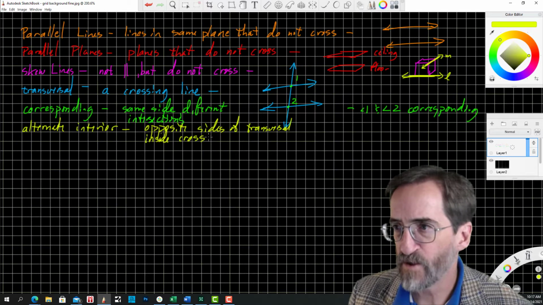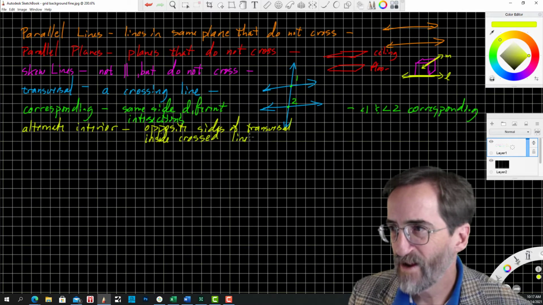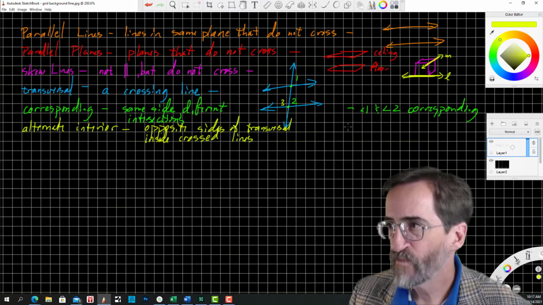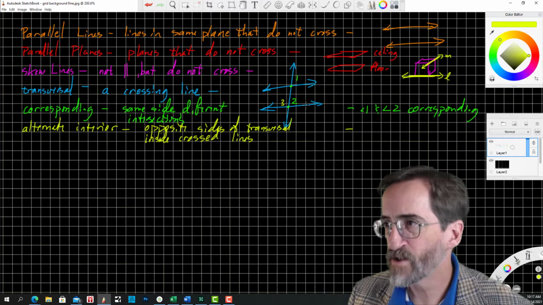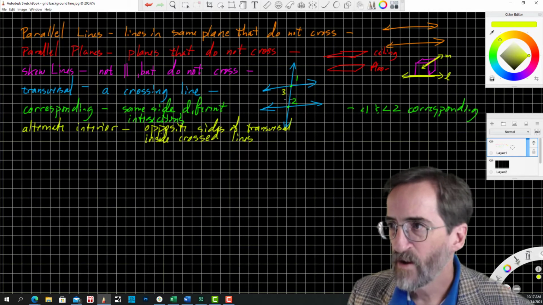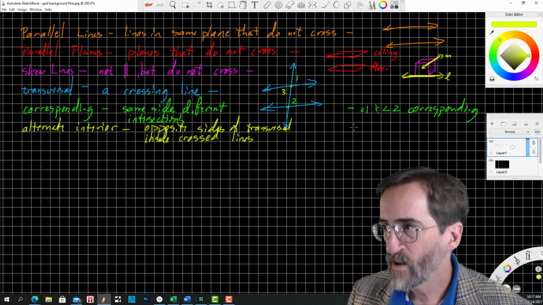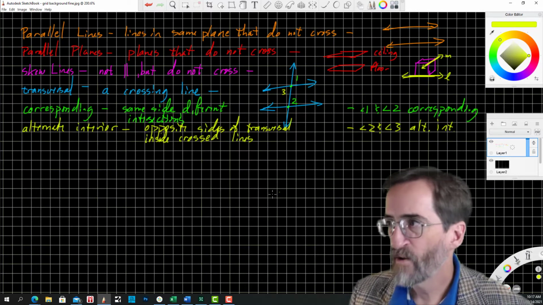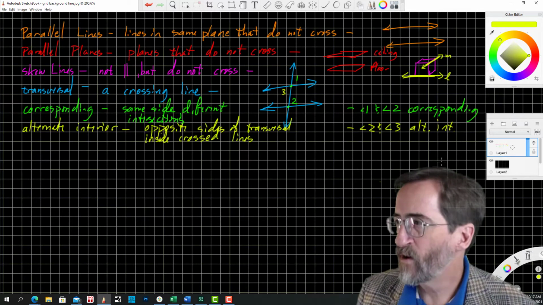Inside the lines that are crossed, which may or may not be parallel. So 1 and 3 are alternate interior. Actually, sorry, bad. 1's not an interior angle. 2 and 3. Angle 2 and angle 3, the way I've numbered them, are alternate interior. Okay? Alternate interior.